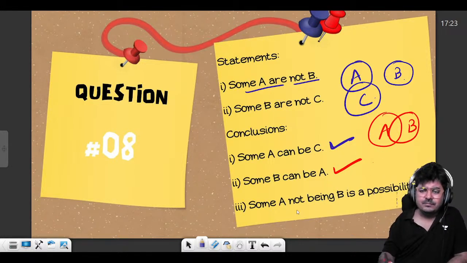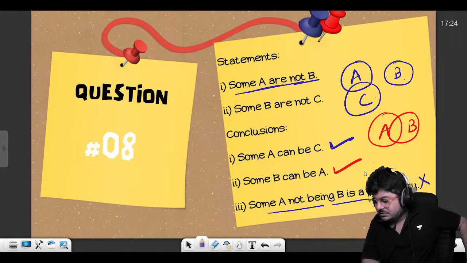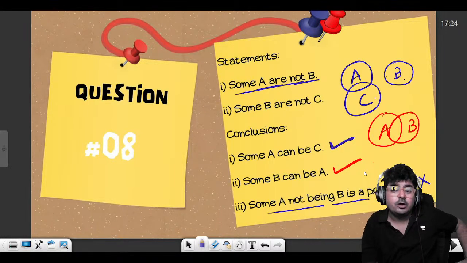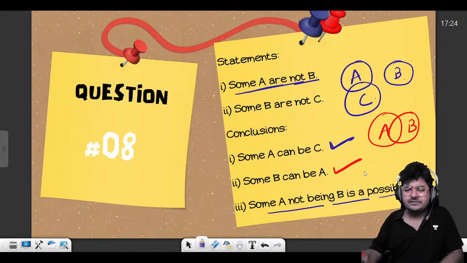Third, some A not being B is a possibility. Some A not being B. That is obviously false because it is against the statement. Statement 1: some A are not B. Fact. But the conclusion is some A not B is a possibility. So against the statement is definitely false.